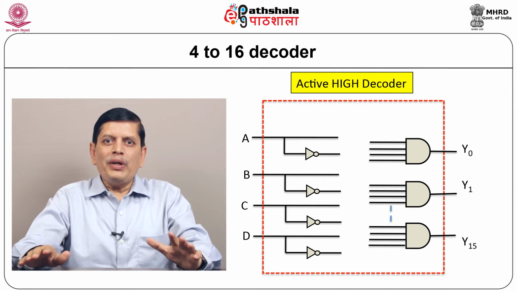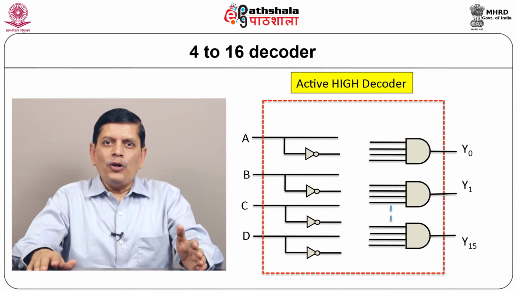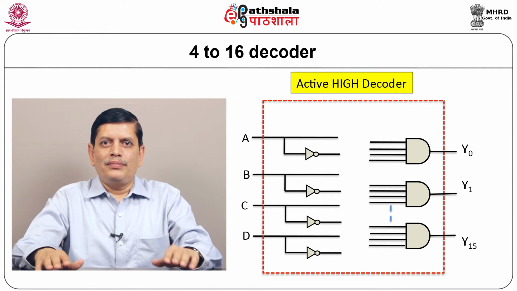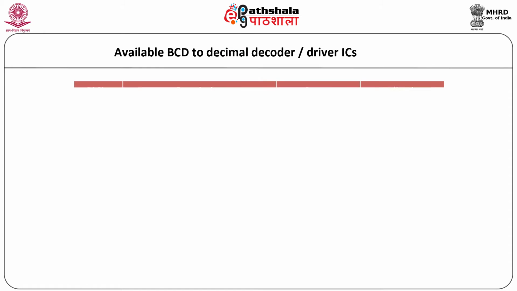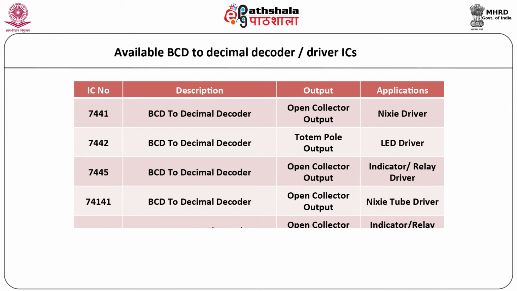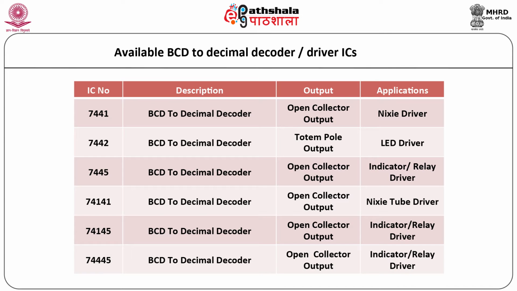This is the way we can implement 4 to 16 or BCD to decimal decoders. A list of available BCD to decimal decoder driver ICs in TTL logic family are shown here. All these decoders / driver ICs have active high inputs and active low outputs.